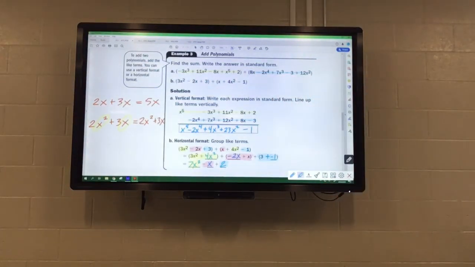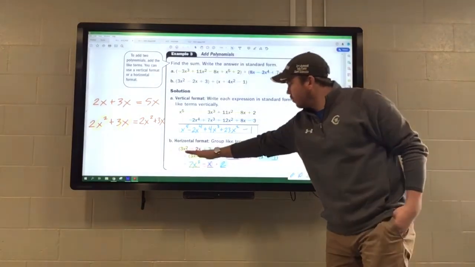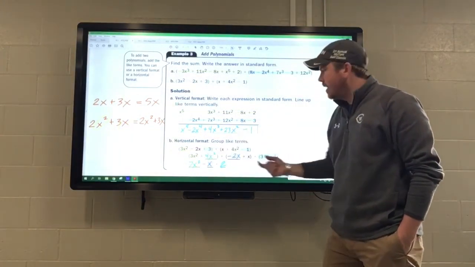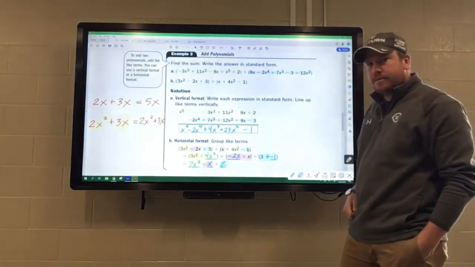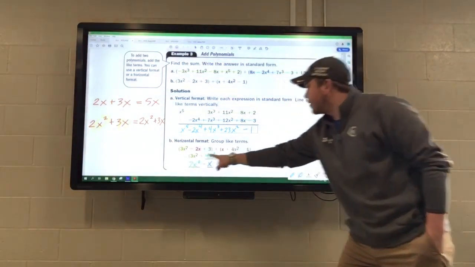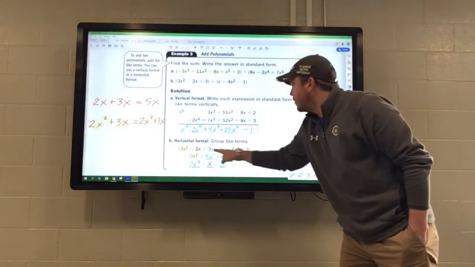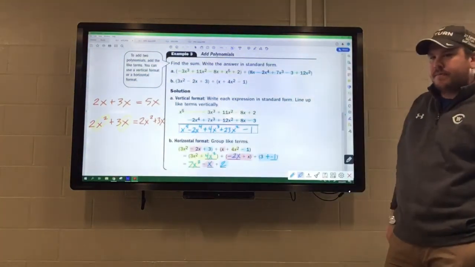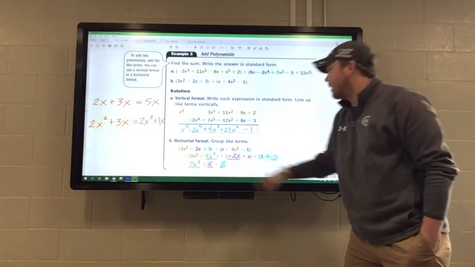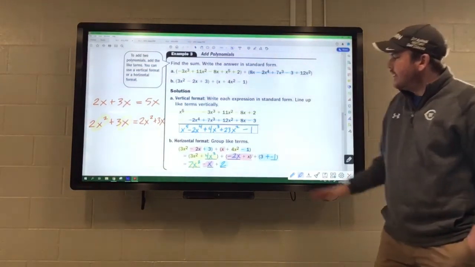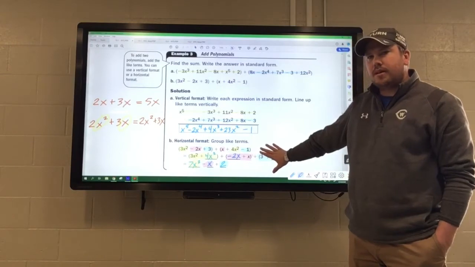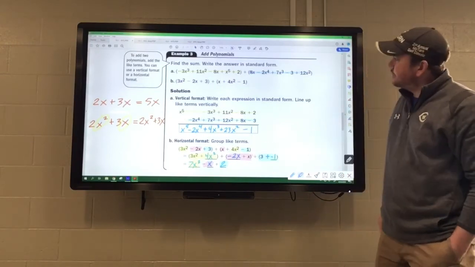Now, if I'm being honest, I prefer the horizontal method. I like writing my two polynomials out and then grouping the like terms. Okay, so grouping 3x squared and 4x squared to give me 7x squared. Grouping negative 2x and x to give me negative x. Grouping 3 and negative 1 to give me 2. All right? That's the way I typically do it when I'm doing these problems.